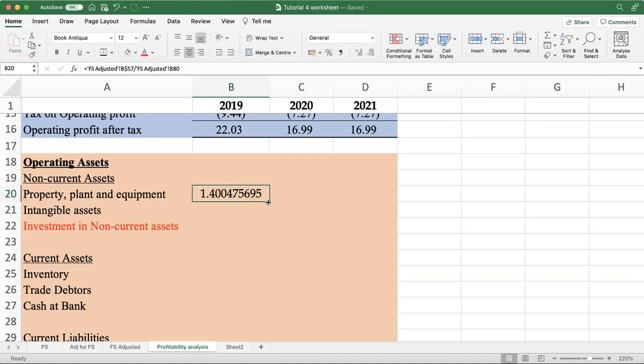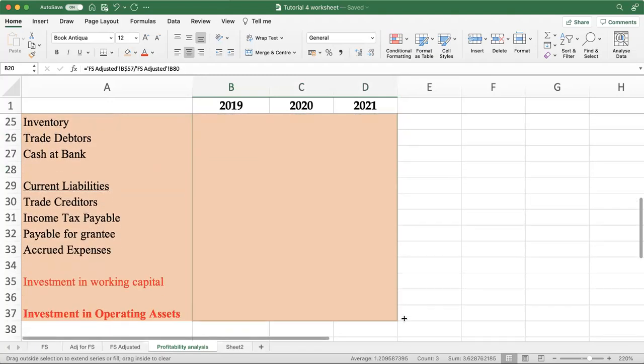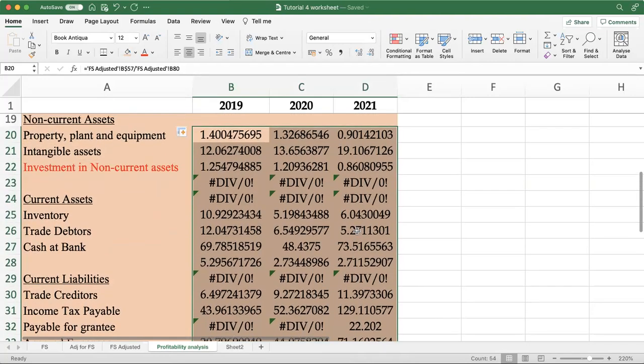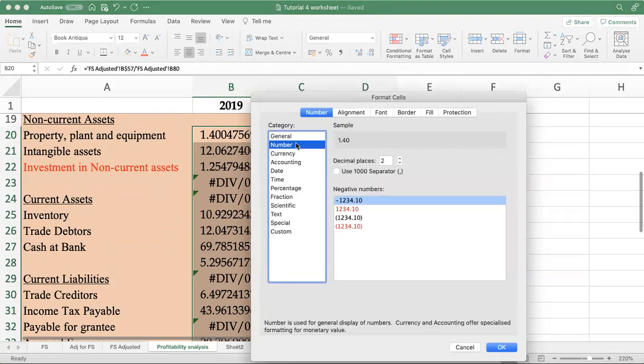Then you can drag and copy to the rest of the sales. We'll round up to 2 decimals.